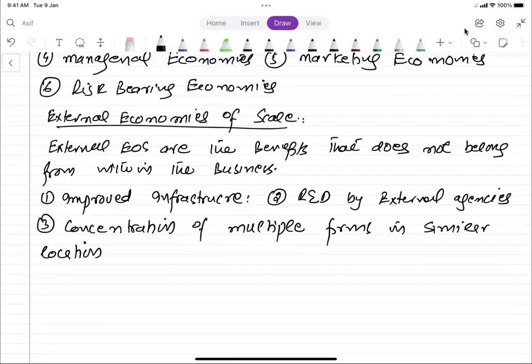Consumers will have a flow to come to that area and try to find out the products from that specific area. So if there are multiple businesses located in one area, there are multiple benefits you can obtain from that area, which are called the external economies of scale. So this was an introduction to economies of scale. Now I'll move to the diseconomies of scale in the next lesson.